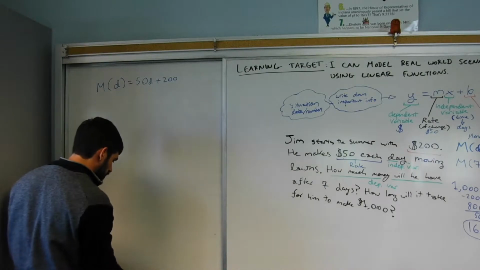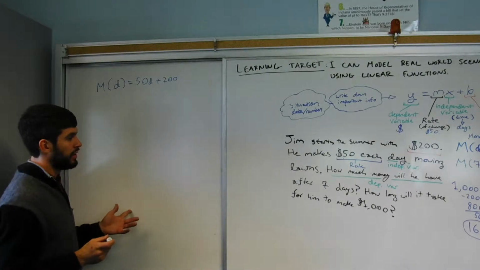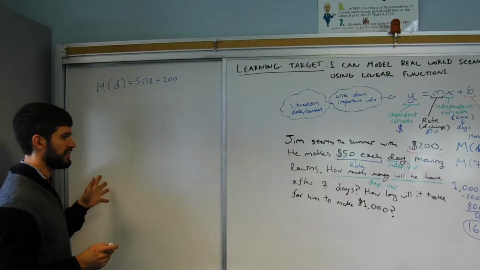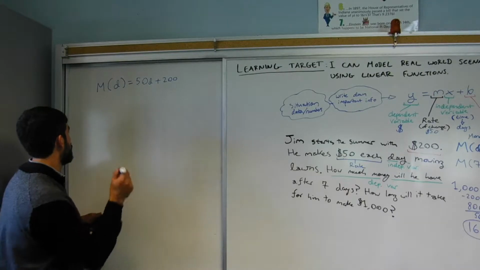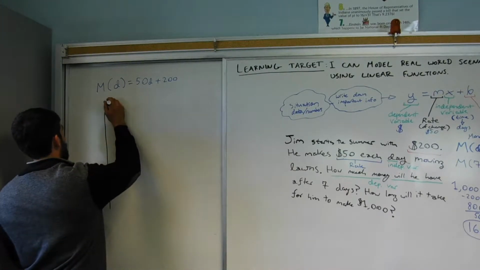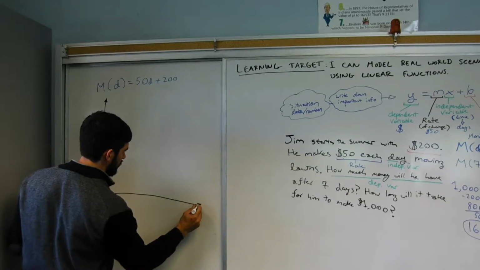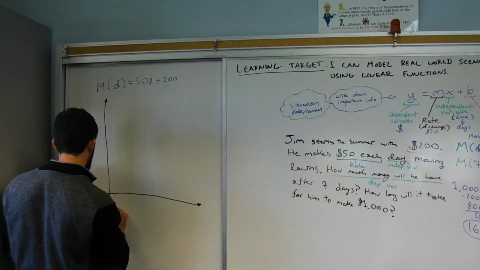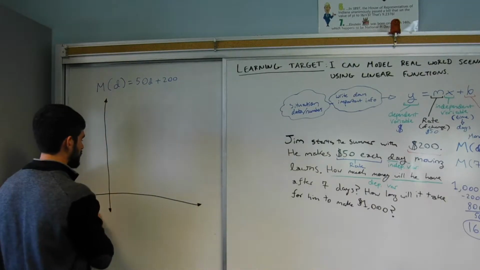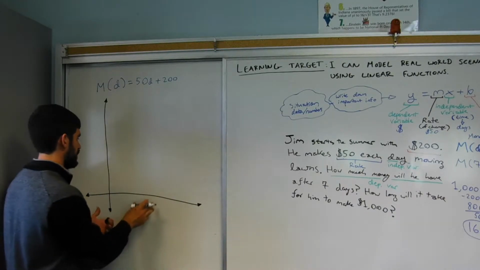So in making a graph, first we want to think about what's relevant. We don't care about the negative number of days, right? Because that doesn't make sense. So it makes sense to really emphasize the first quadrant in our graph, because we don't really care about what's going on down here, and we know that he's not going to have negative money. He's not losing any money.